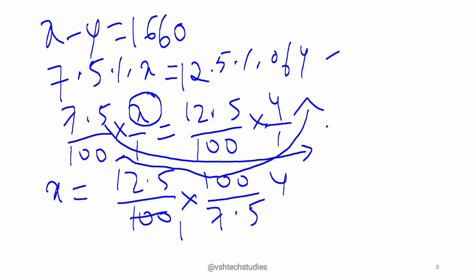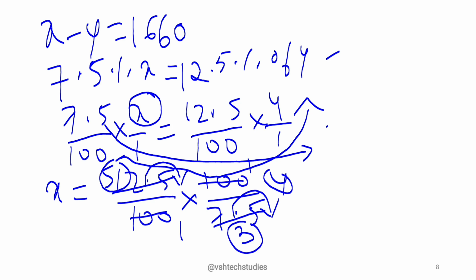Shifting this decimal point by one place right, this becomes 125. Then we shift in the denominator also by one place, this becomes 75. So 25 5s are 125, 25 3s are 75. So what is here, 5 into y divided by 3. So x equal to 5y by 3.